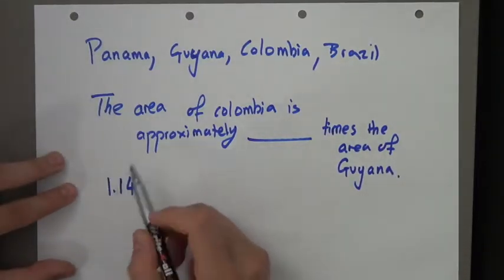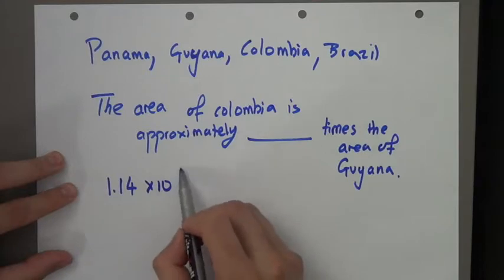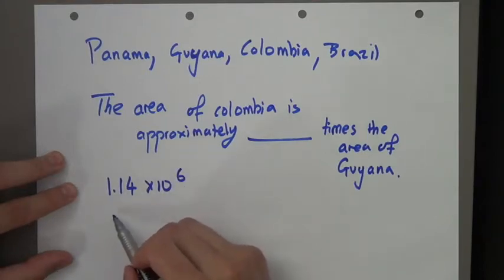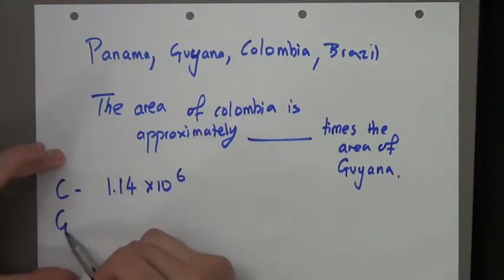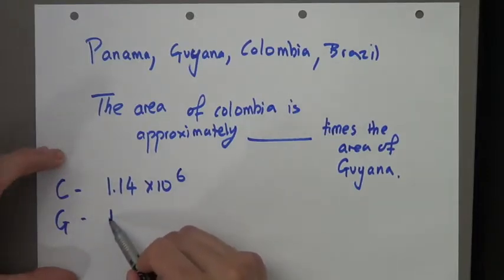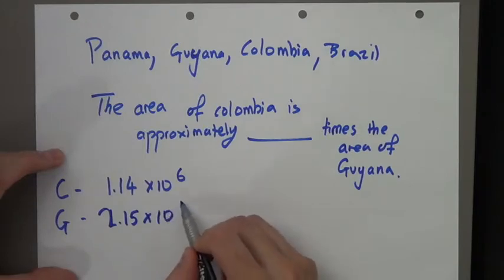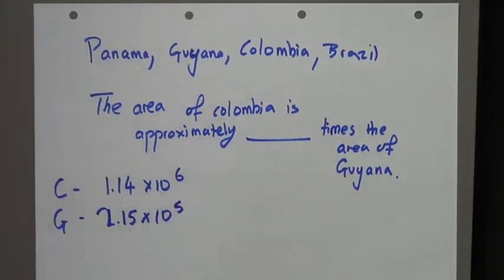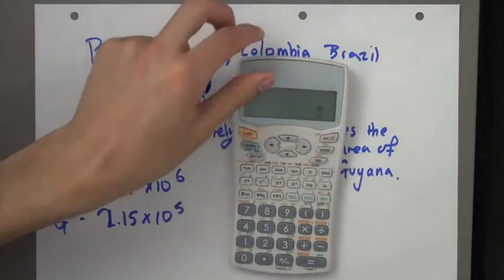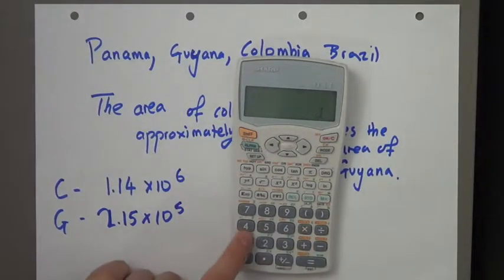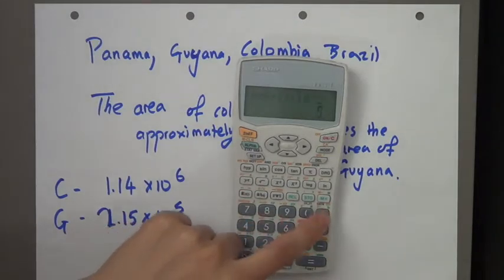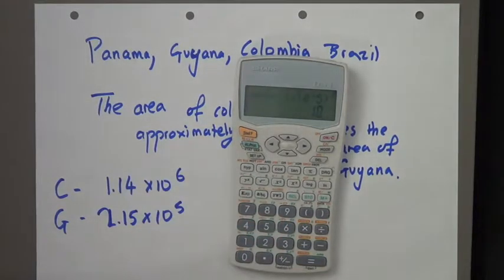Colombia is 1.14 times 10 to the 6, and Guyana is 2.15 times 10 to the 5. Now, if you've got your calculator, and you do 1 times 10 to the power of 6 divided by 1 times 10 to the power of 5, that will give you 10.